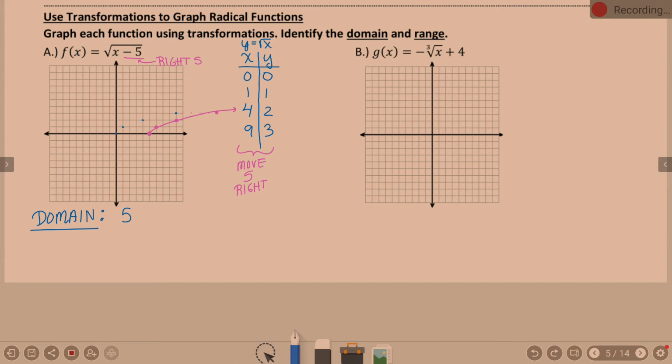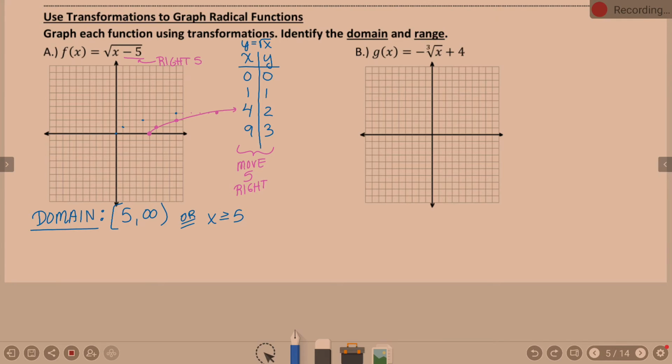So 5 to infinity. Infinity, I'm still using parentheses. 5 is still a bracket because the 5 point is included. You could also write that as x greater than or equal to 5 if you wanted to. If you want my or option there.